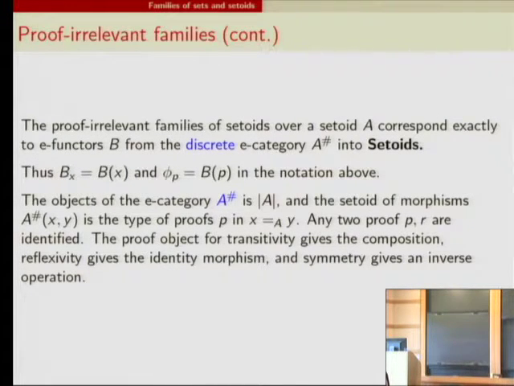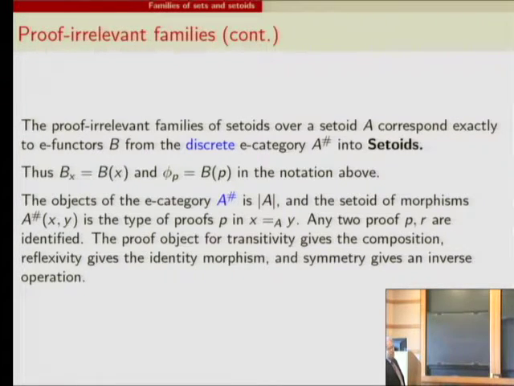In fact, one looks at this and sees that this corresponds to functors from the discrete category that comes from any E category. This is the analog of the set theoretic version here, right? So the objects of this E category are the elements of A, and the morphisms are the proofs of equality between two elements.